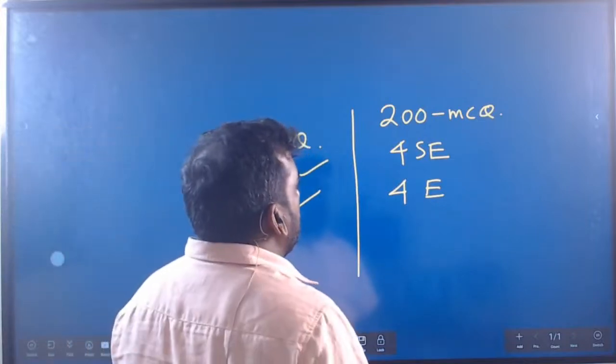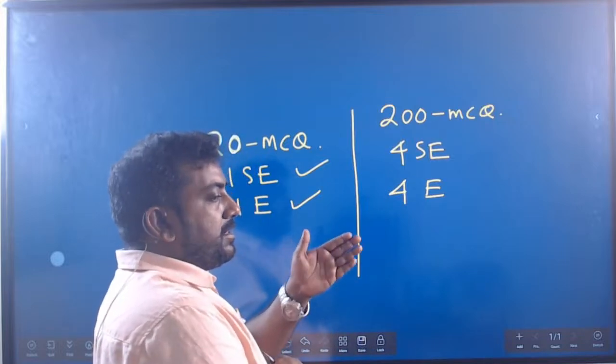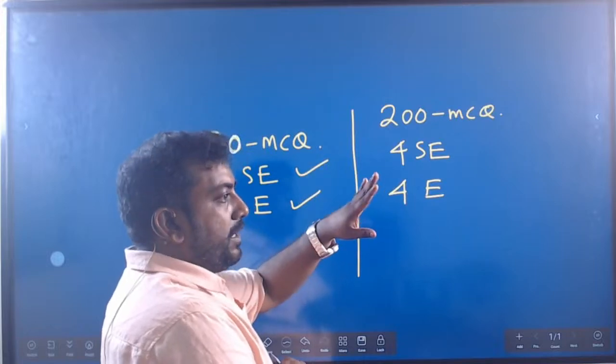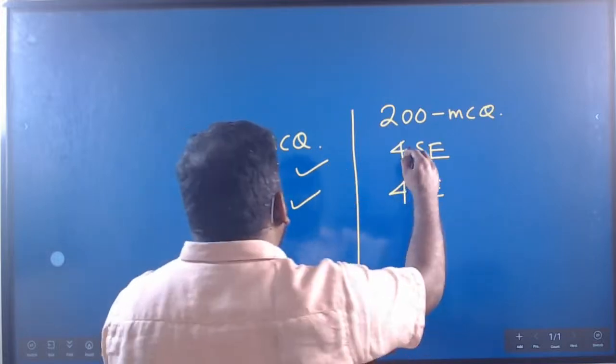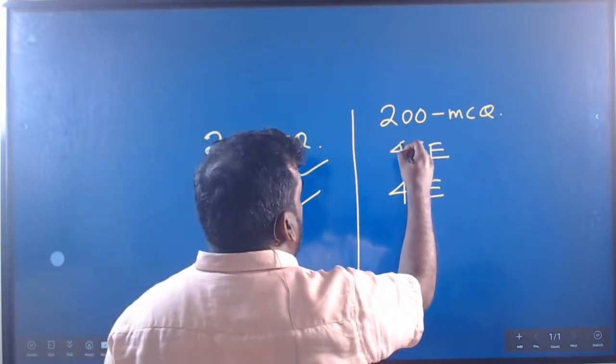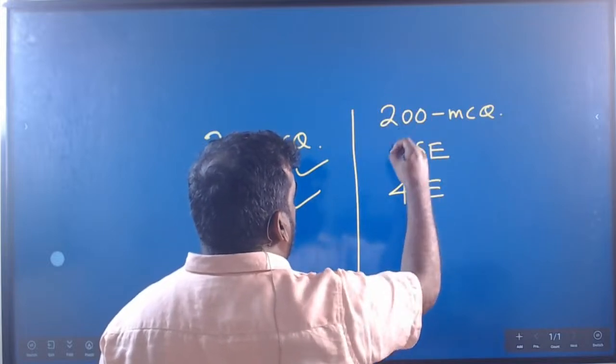So 60 MCQs every week. This is the 4th week, 3rd day. I'm sorry, we have done more. So 1 structured essay today. Altogether how many structured essays? 3 times 3, 9, and this is the 10th one.